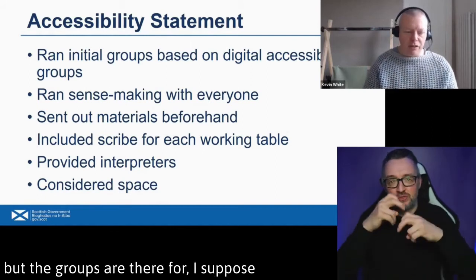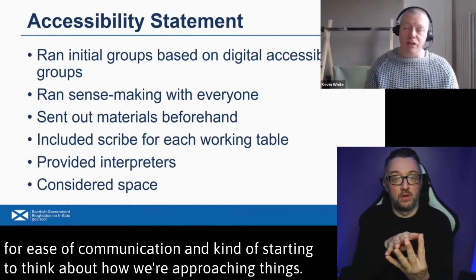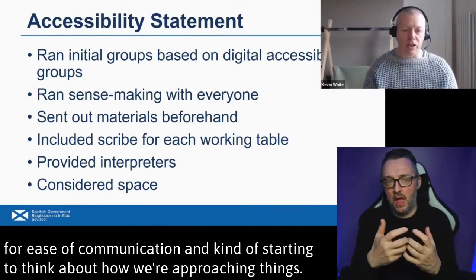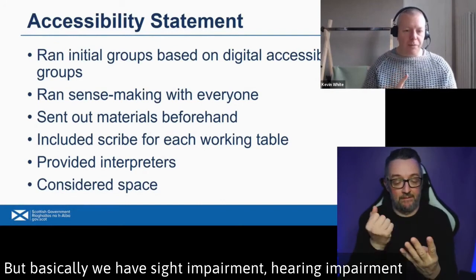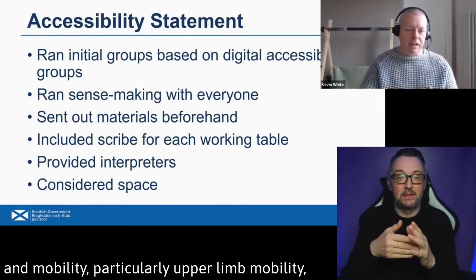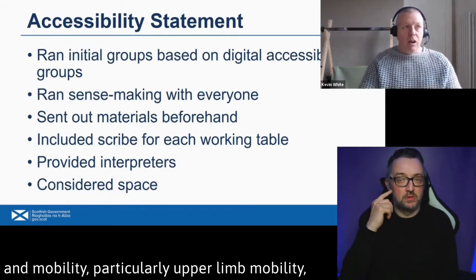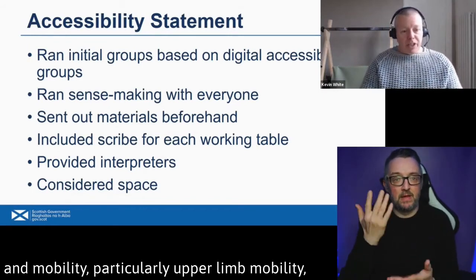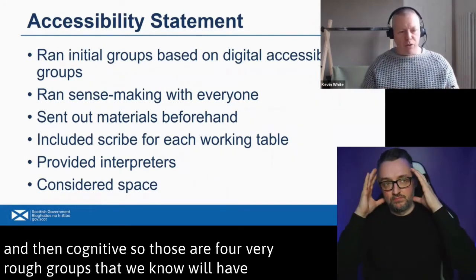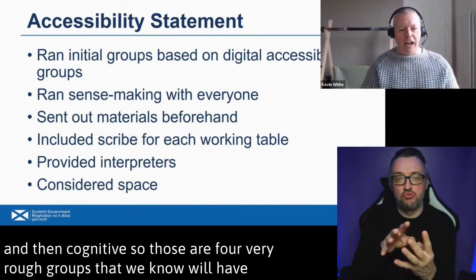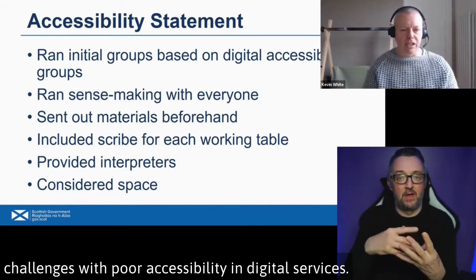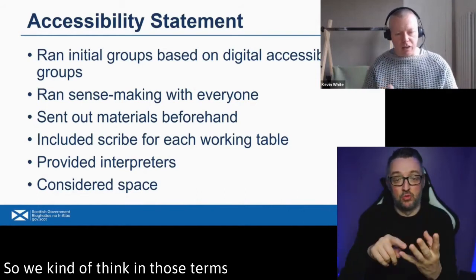But the groups are there for ease of communication and to start thinking about how we're approaching things. Basically we have sight impairment, hearing impairment and deaf, mobility, particularly upper limb mobility, and then cognitive. Those are four very rough groups that we know will have challenges with poor accessibility in digital services. So we think in those terms.